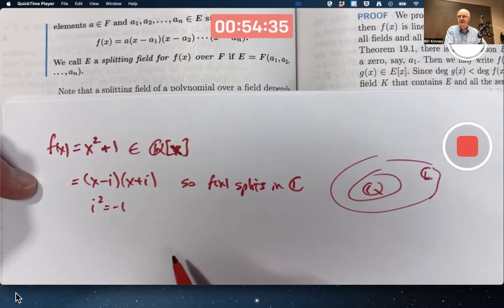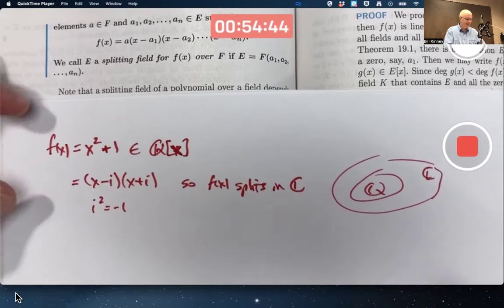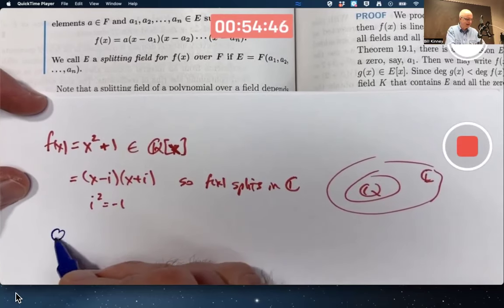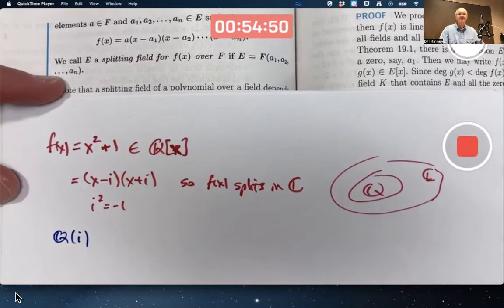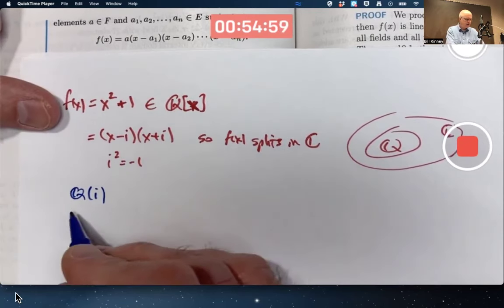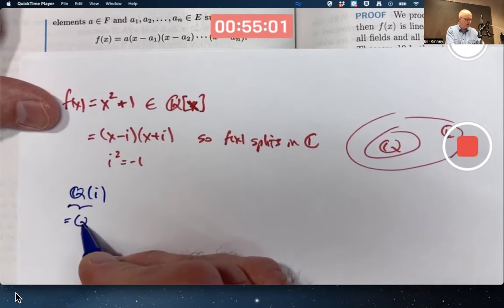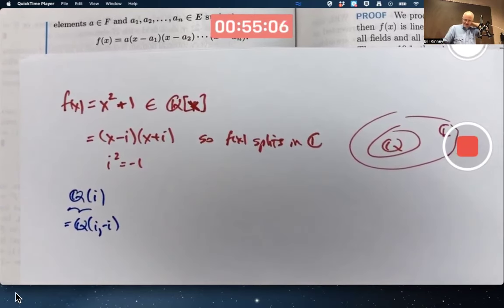Well, that begs a question. What is the smallest field extension of Q in which you can factor f of x like this? It's this thing. Q adjoin i. This is the adjoin notation, which does happen to equal, it turns out, Q adjoin i and negative i, for emphasis.